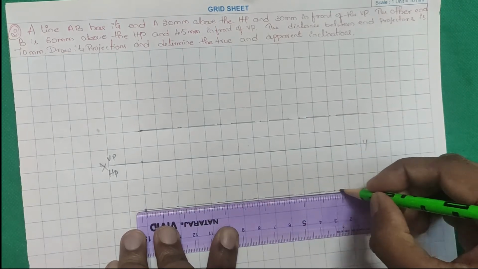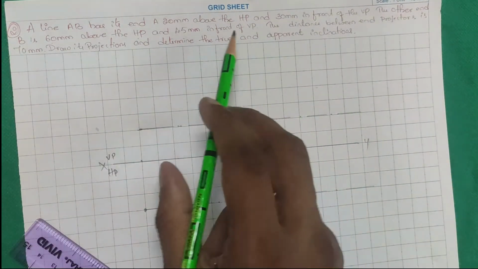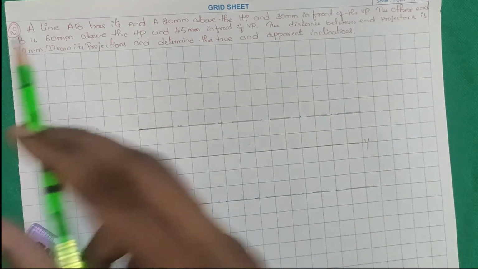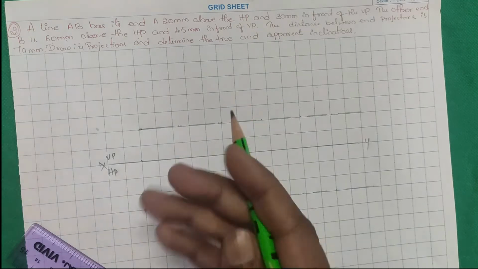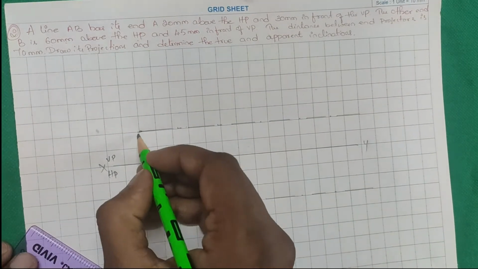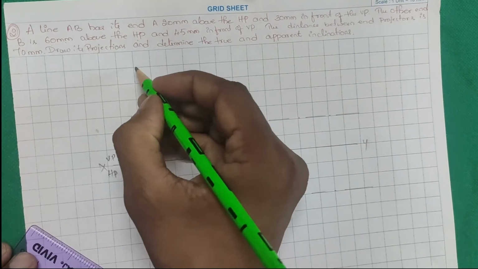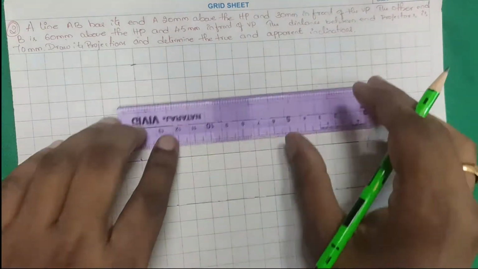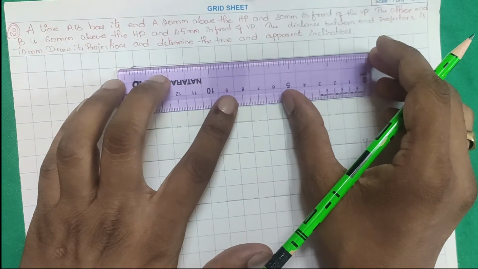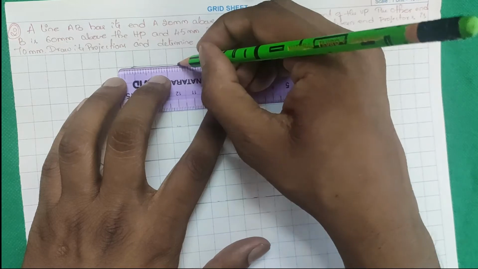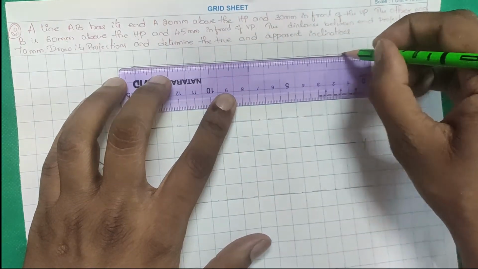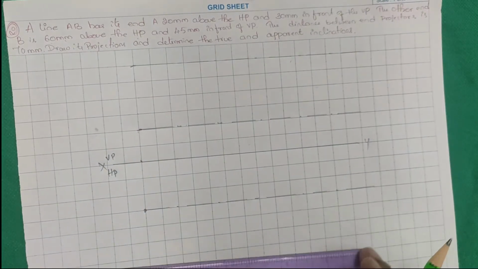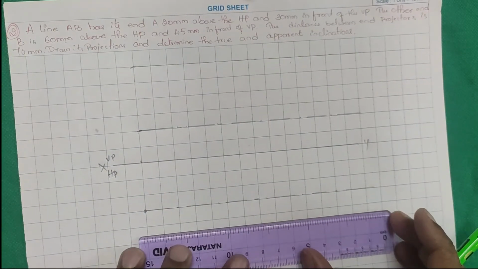So 30 mm. Next, again 60 mm above HP for point B. You see, point A is 20 mm above HP, but point B is 60 mm above HP. So from here 20, 30, 40, 50, 60. Next is 45 mm, so 45 mm here.